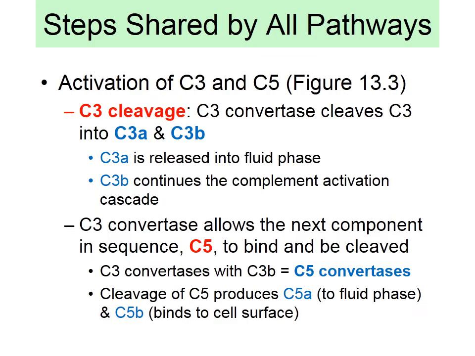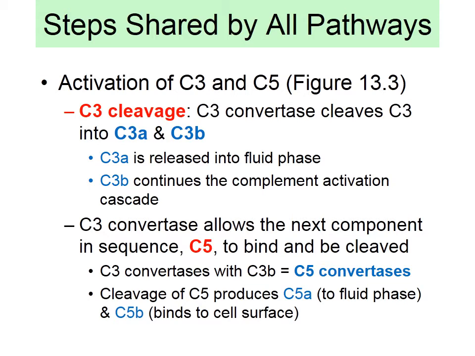Now, if you look at the steps which are shared by all pathways, activation of C3 and C5, there is the C3 cleavage, and that cleavage takes place when there is an enzyme called C3 convertase, and this convertase will cleave it into C3a and C3b, as we discussed earlier. C3a is released into the fluid phase, whereas C3b continues the complement activation cascade.